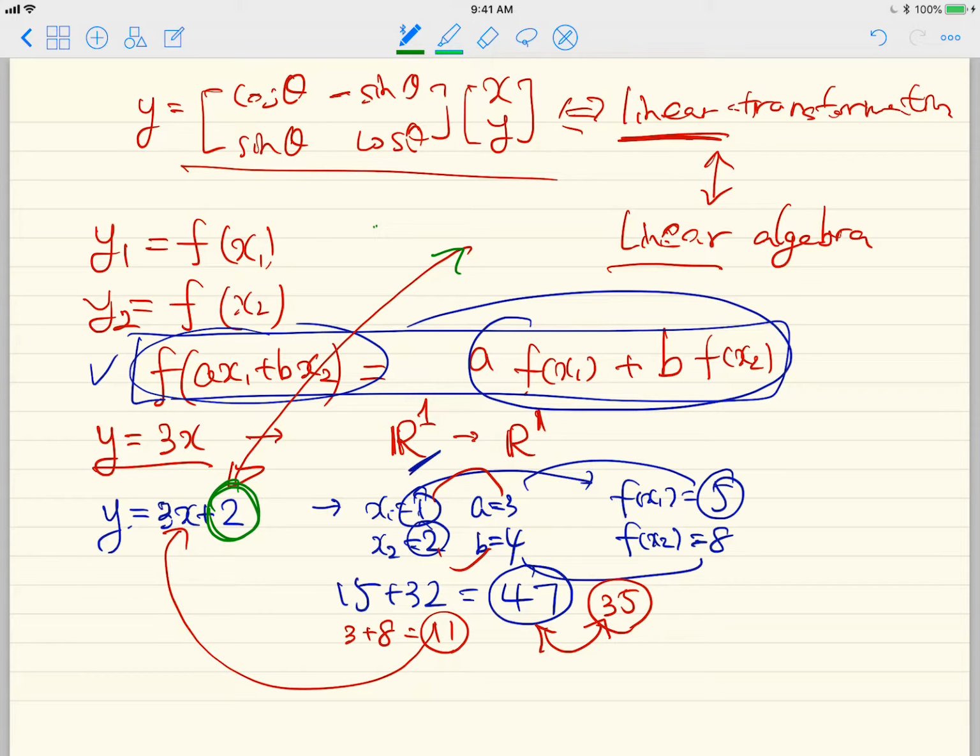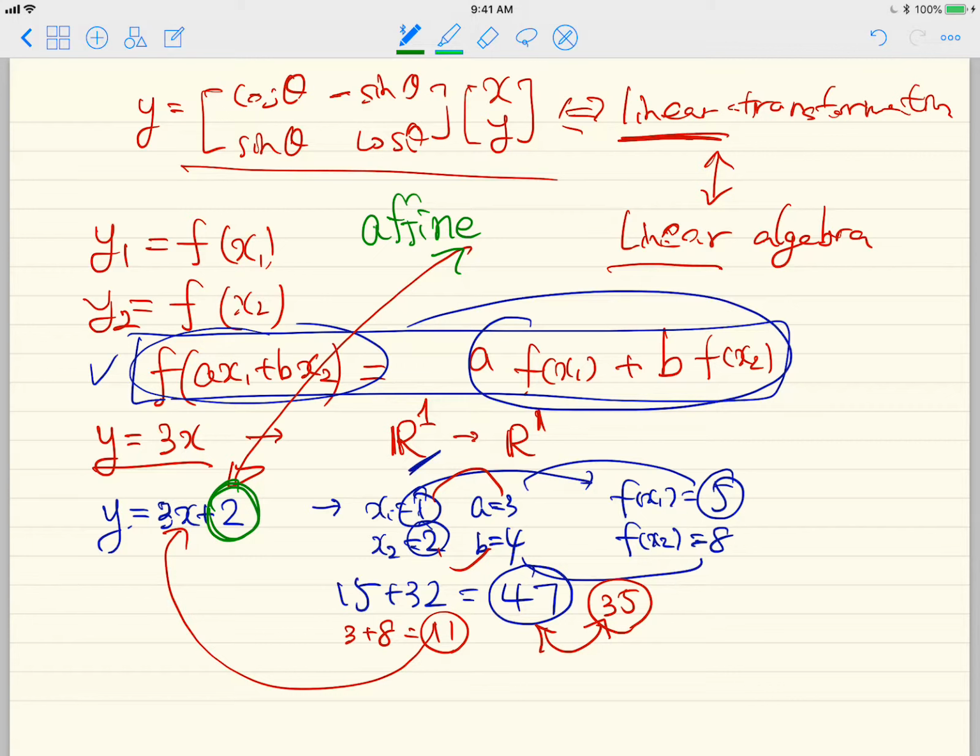So we can call it a translation. But at the same time, this transformation also has the name of affine transformation, right? So instead of being a linear transformation, it is called the affine transformation. In the deep learning literature, we often use fully connected layers and also convolutional layers, right?